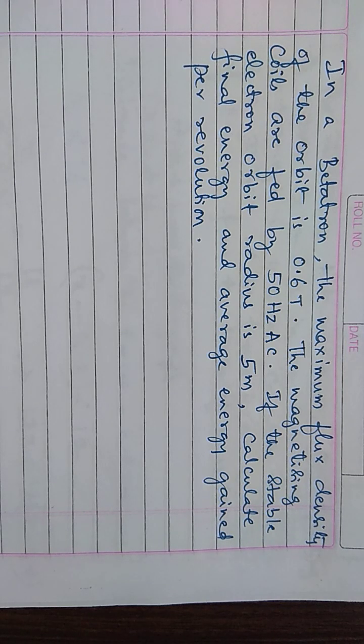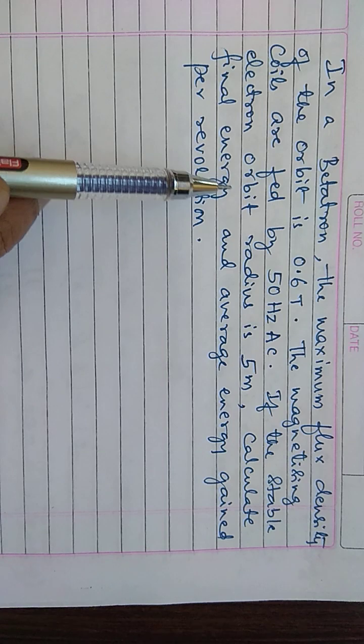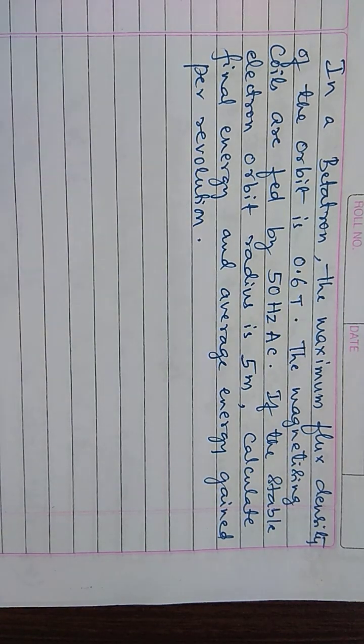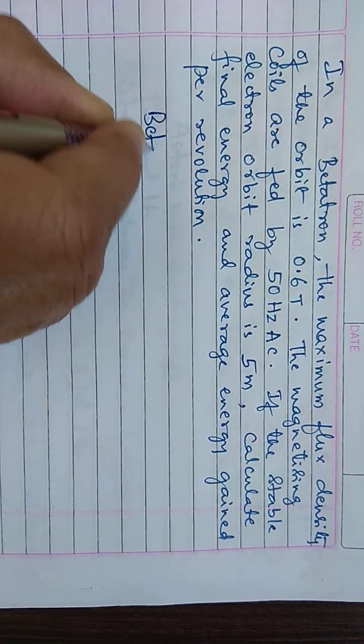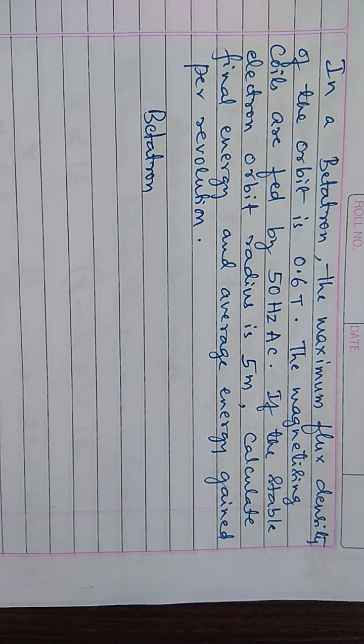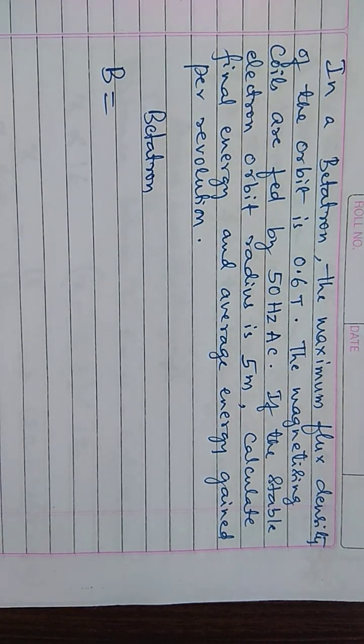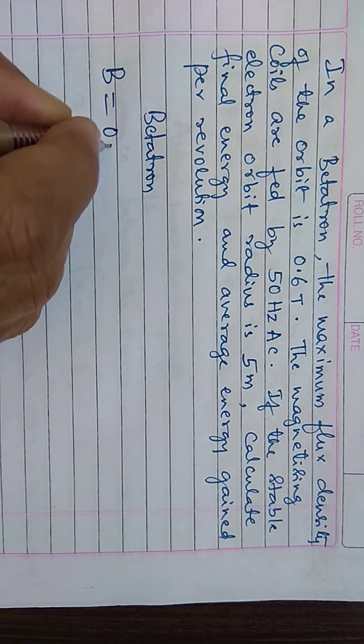This is the question. So again, we are supposed to think about which particular concept this problem is taken from. Taken from Betatron. Whatever is given, you are supposed to write it. Magnetic flux density is given, 0.6 Tesla.